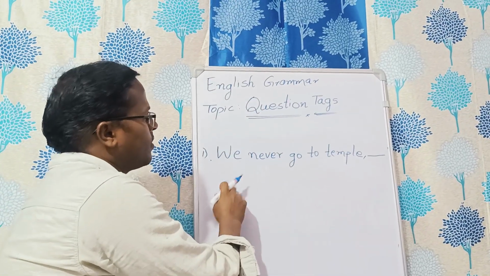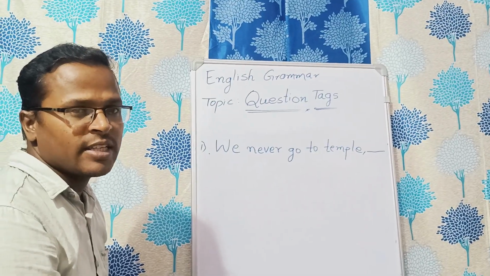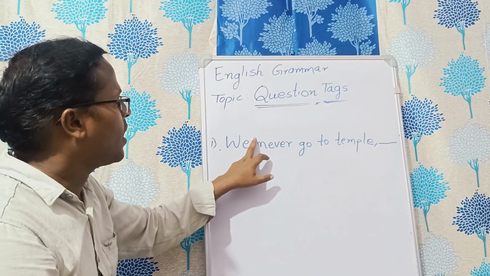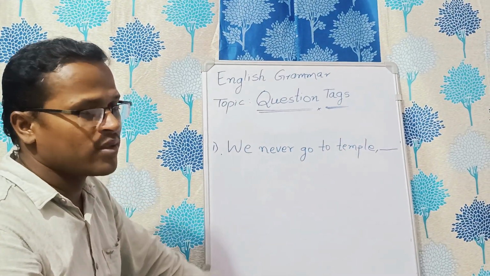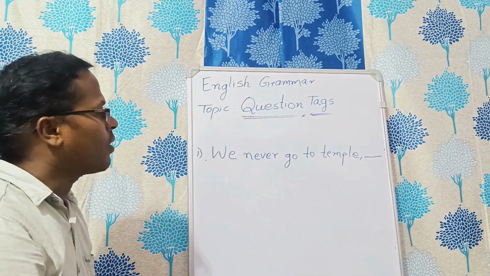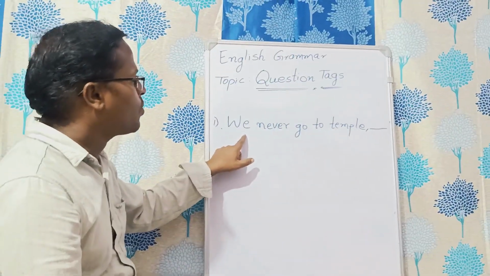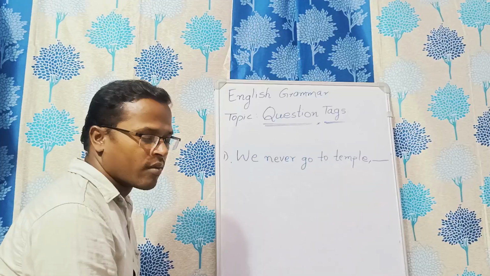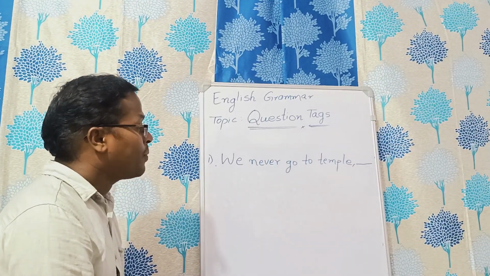Which helping verb should we take? This is also an important thing. We have to see which helping verb is not given and which tense it is. In simple present tense and simple past tense, they don't give the helping verb. "Never go to temple" is a simple present tense.